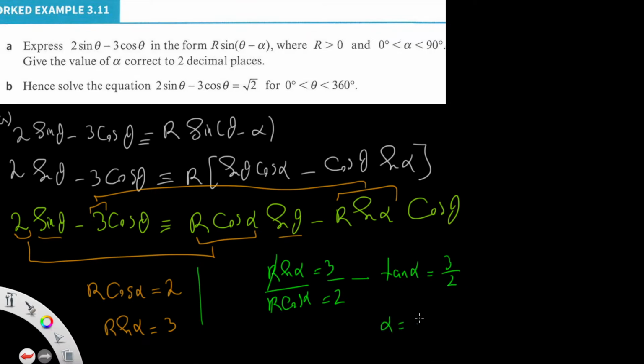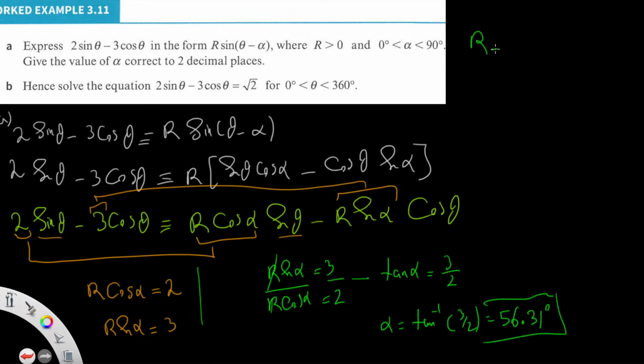If you take tan inverse of 3 over 2, you find some angles, but alpha should be between 0 and 90. So the acceptable answer for alpha is 56.31 degrees.